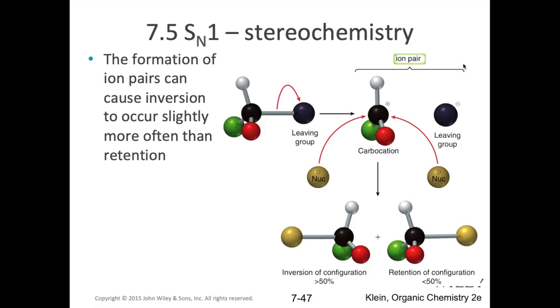There's still a little bit of Coulombic attraction, a little bit of ionic attraction, because your carbocation is a cation, it's positive, and your leaving group is negatively charged, it's an anion. So there's going to be a little bit of attraction, causing your leaving group to hang around near the site where it was. That cuts down the access of the nucleophile from that side. Obviously not as bad as an SN2 mechanism, where you're not going to have any chance of your nucleophile attacking from that side, but enough that it changes the percentages slightly.